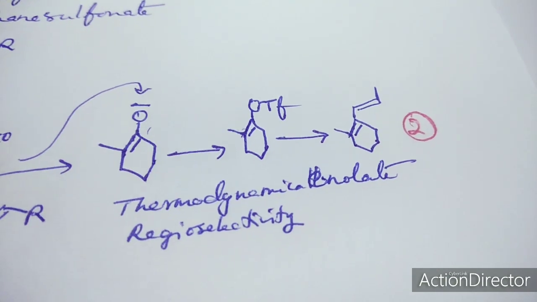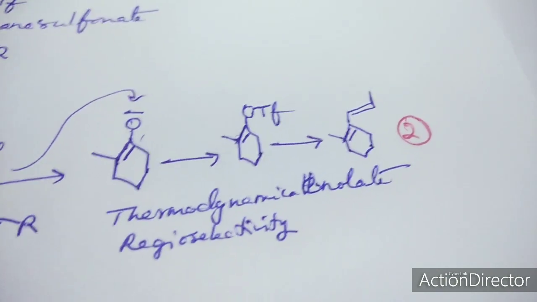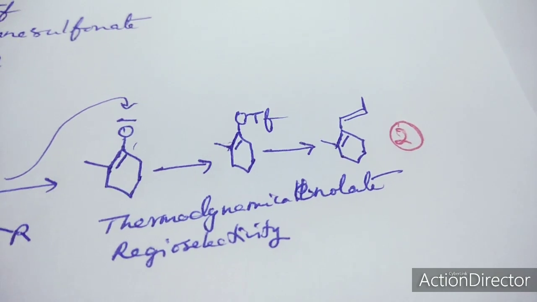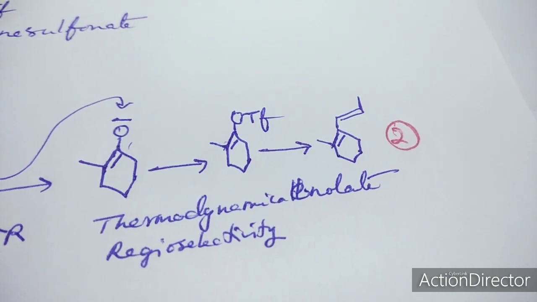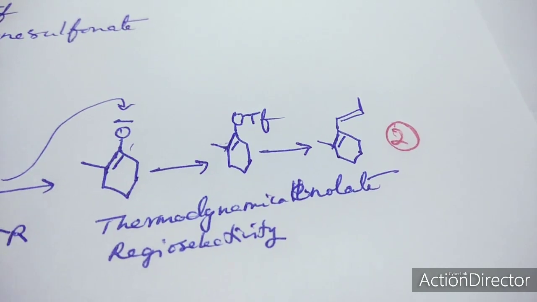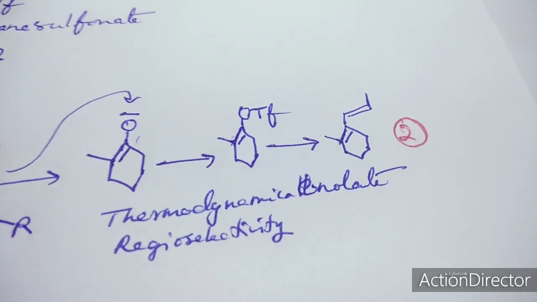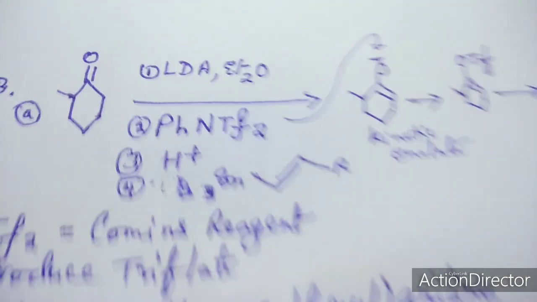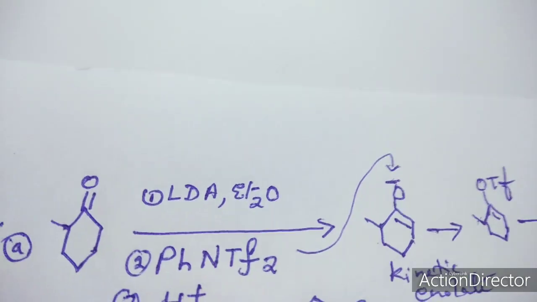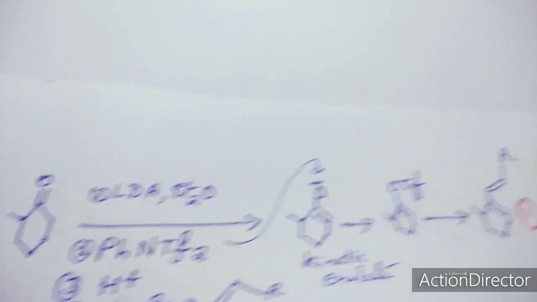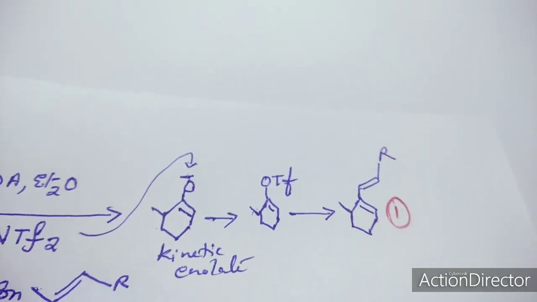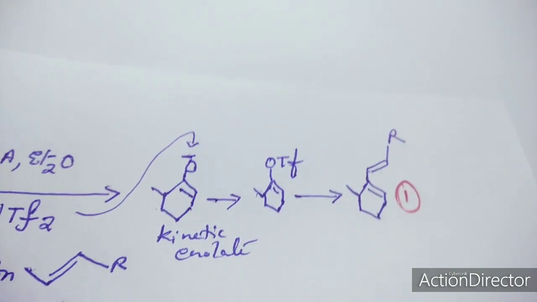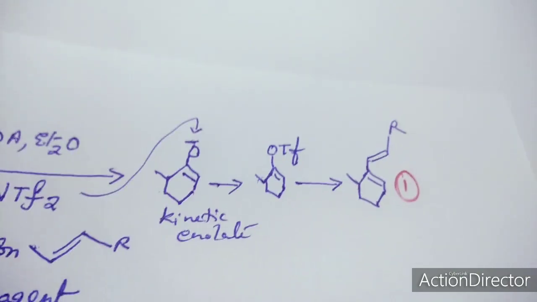So remember, if we have taken LDA in that case and later on gone for Stille coupling, then we will get a different product. On the other hand, if we have taken a weak base, in that case, this will be the product that will be formed. So in the earlier case that we did with LDA and Comins' reagent and this organotin compound, this was the product because the double bond was on the less substituted side. So coupling took place here.